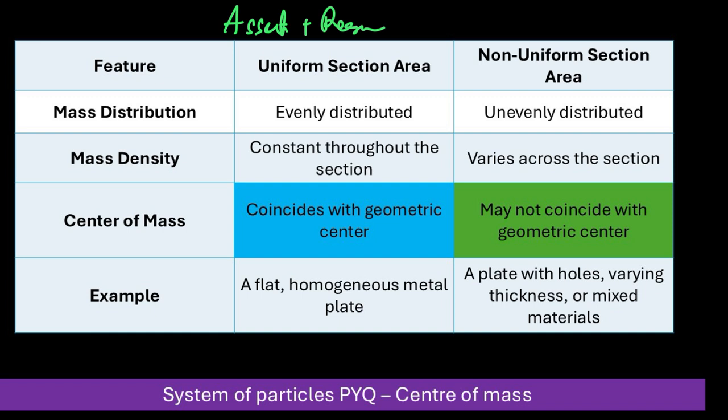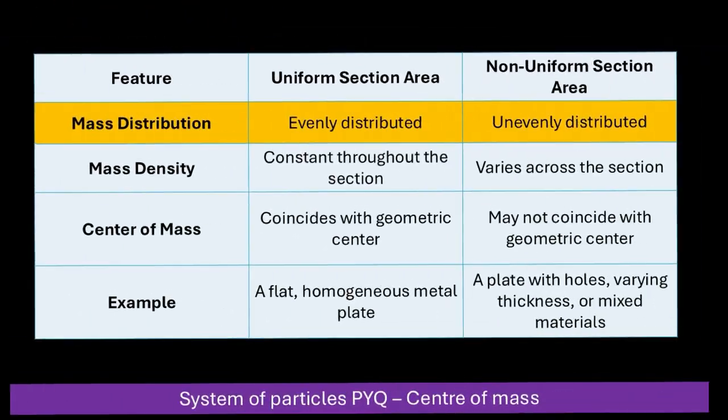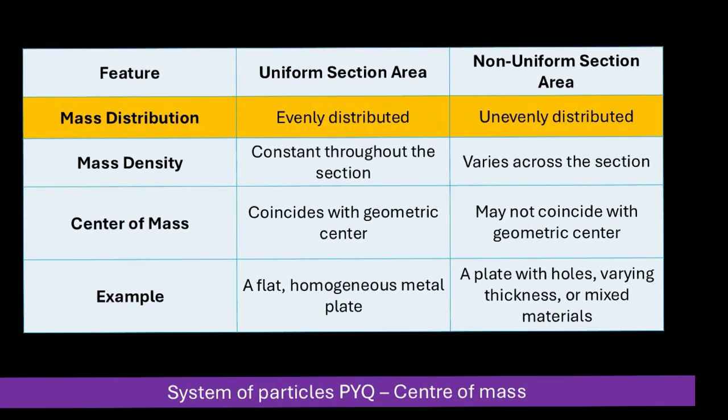One of which in this particular section is the concept of mass distribution being evenly and unevenly distributed. What does that mean? We will now focus our complete discussion on evenly and unevenly distributed mass. Let's see how.